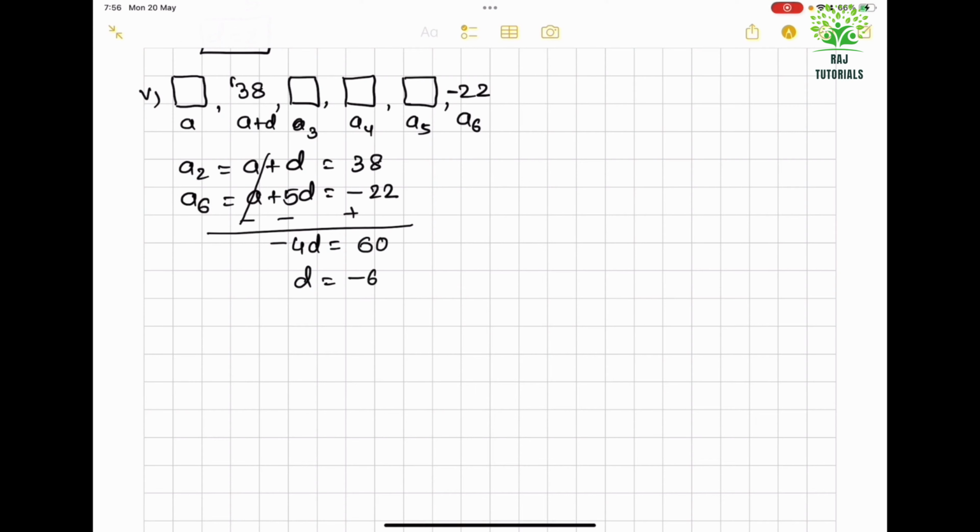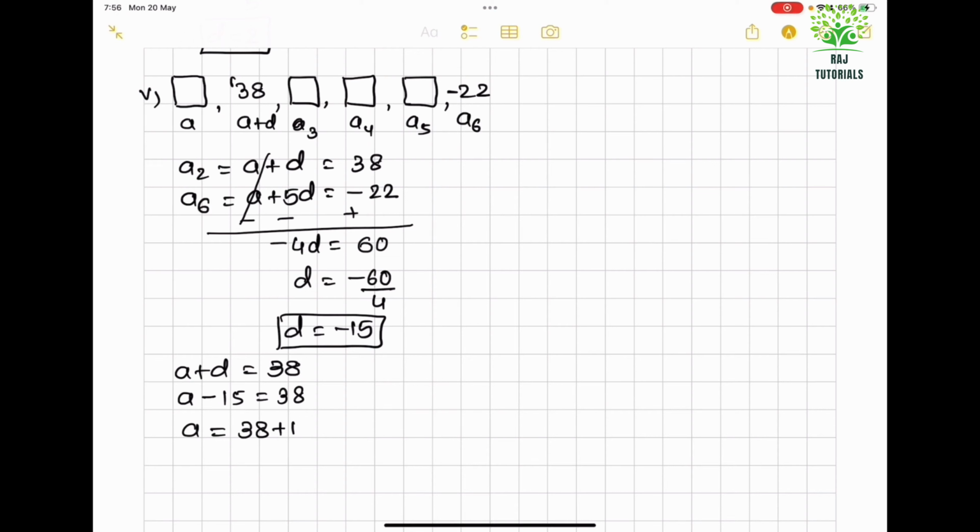So D will be -60 by 4. So D will be -15. Now I got D value. Now I have to find A value. So A plus D equal to 38. So A minus 15 equal to 38. So A will be 38 plus 15. So A I will get as 53.